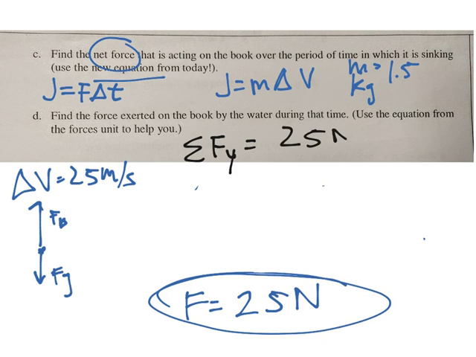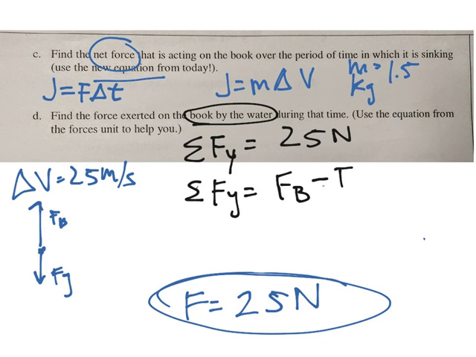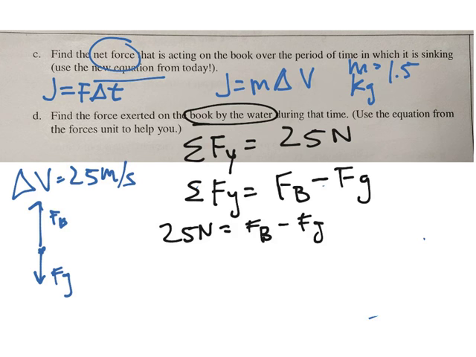That's our net force. And you know that the things that you're adding is the force of your water on the book, which you can think of as your F buoyancy, minus the force down, which would be your Fg. So you know that 25 newtons is equal to your F buoyancy minus Fg. And hopefully you remember Fg is equal to mg, and we know the mass is 1.5 times 9.8, or I'm going to do 10 because I'm doing mental math.